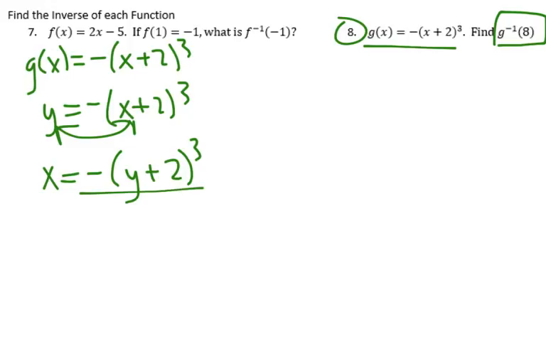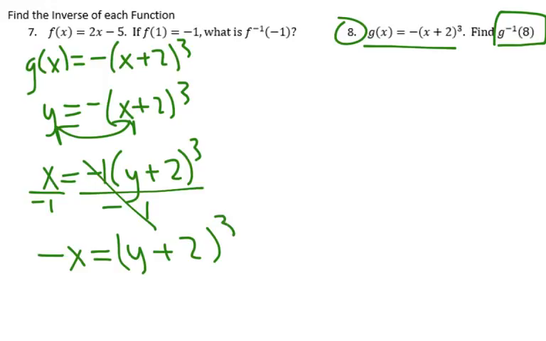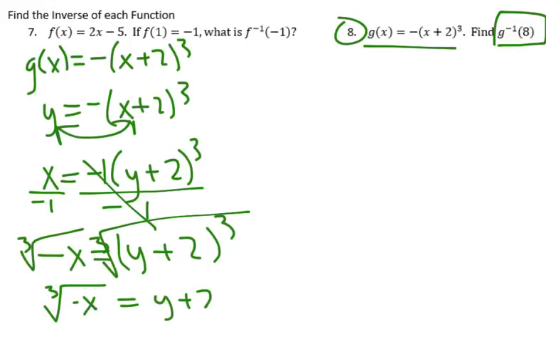So first thing, we need to get rid of that negative, so divide by a negative 1, which would give us negative x equals y plus 2 cubed. How do we get rid of a cube? We take a cube root. So we'd have the cube root of negative x equals y plus 2, and subtract 2.